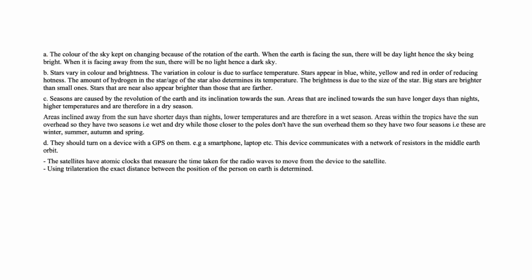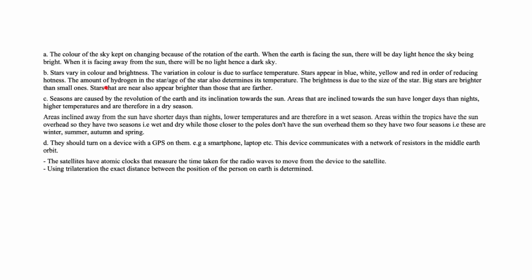So part B, you are meant to say stars vary in color and brightness. The variation in color is due to surface temperature. Stars appear in blue, white, yellow, and red in order of reducing hotness.